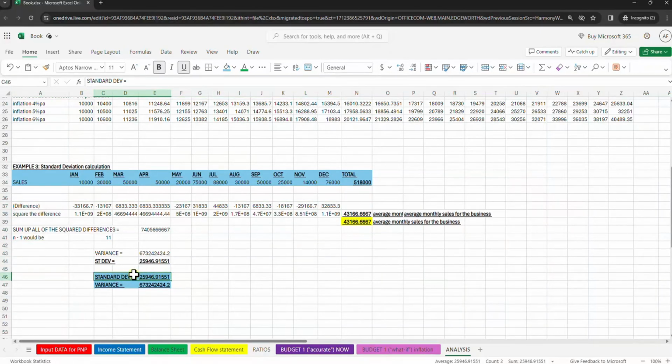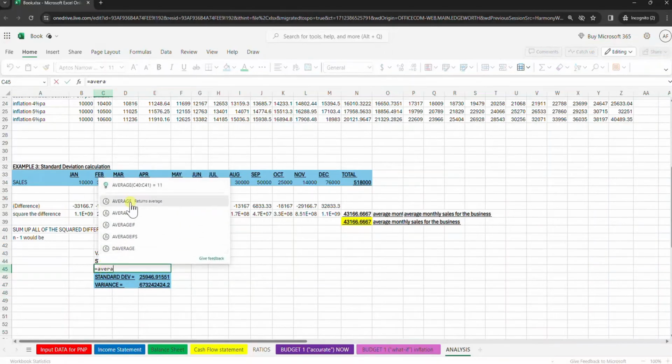If you know what standard deviation means and you know what variance means, let Excel calculate it for you and then get an amount and use that to do your analysis. Standard deviation, well, remember we also had the average?